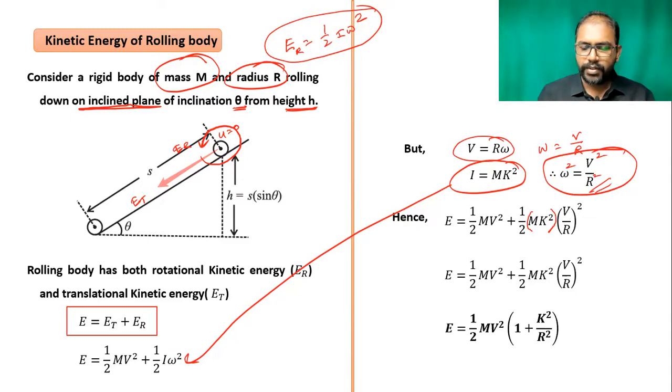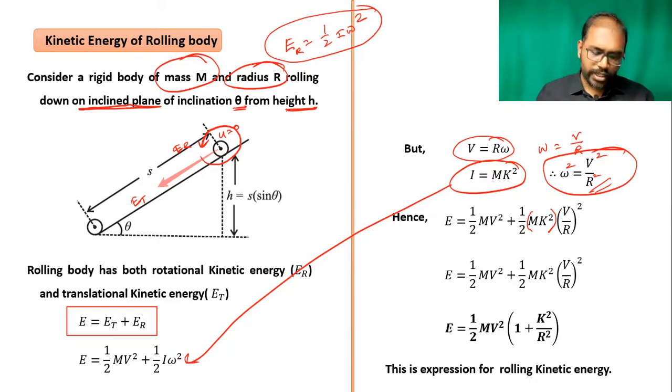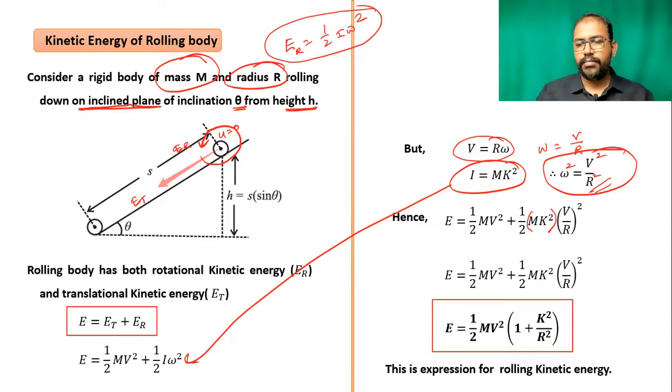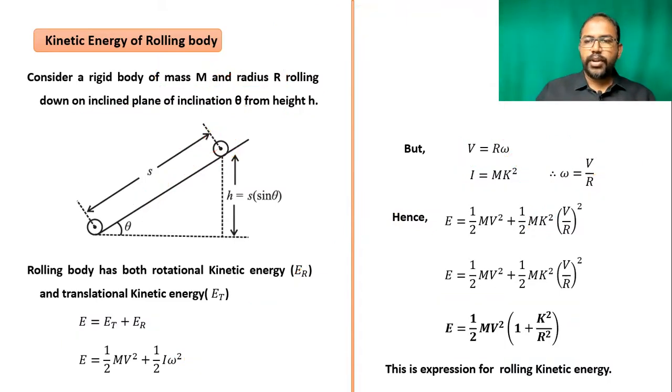Half mv square we have taken common. So as I take half mv square common, in the bracket I get 1 plus k square by r square. And this is the expression for rolling kinetic energy. You remember this, rolling kinetic energy and rotating kinetic energy are different. This question has already been asked in the board exam, so it is very important, you have to prepare it very well.